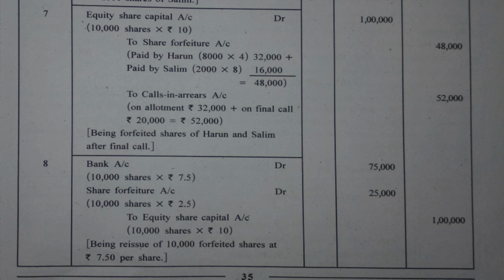So lastly, the last journal entry for transfer of amount of share forfeiture account to capital reserve account. 10,000 shares have been forfeited. 10,000 shares have been reissued. This is the amount received on those 10,000 shares, out of this 25,000 is offered as discount at the time of reissue.